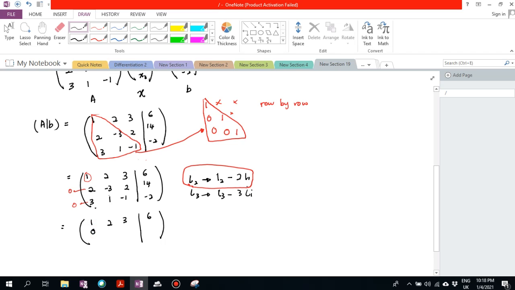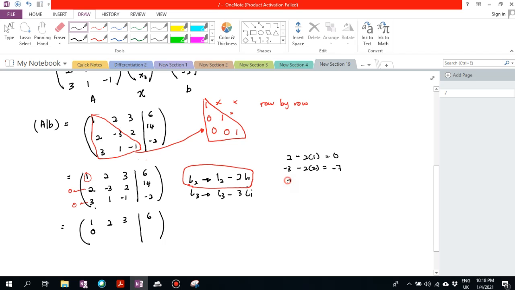Then the second one is negative 3 minus 2 times 2, so it becomes negative 7.